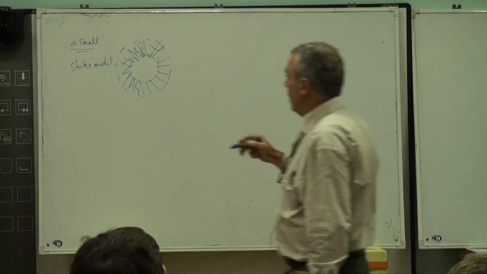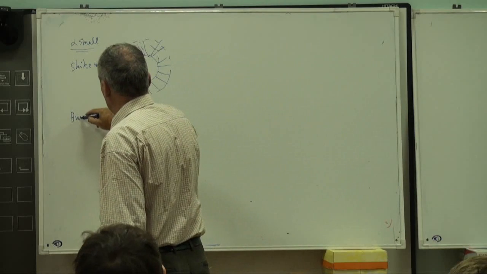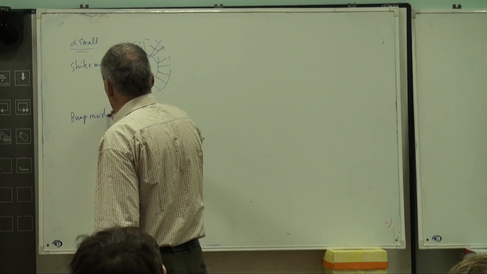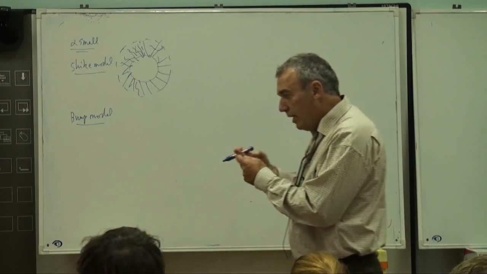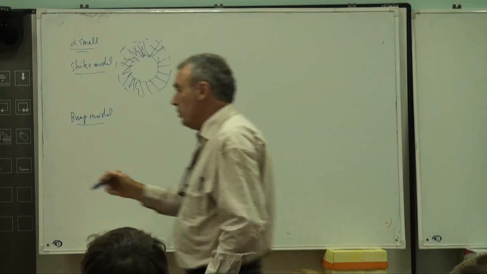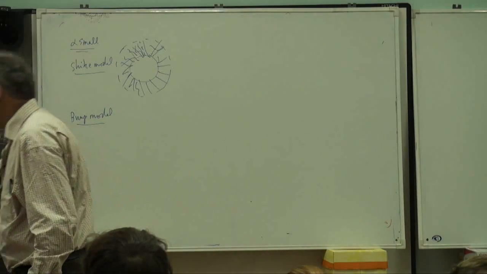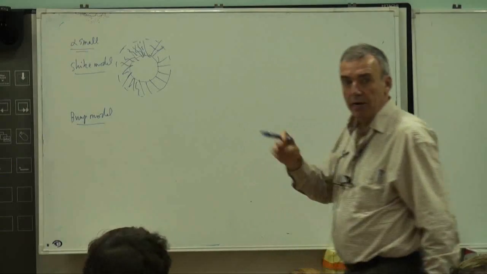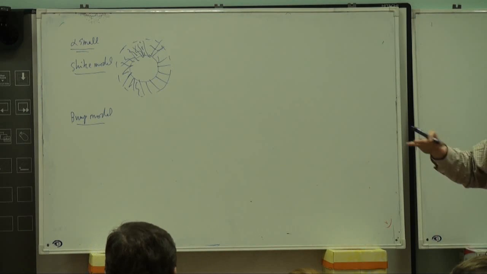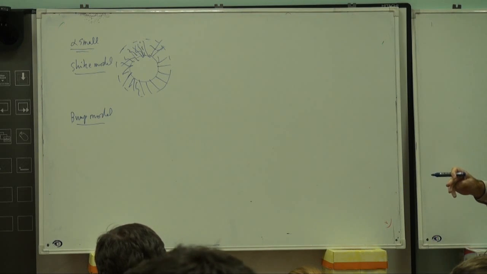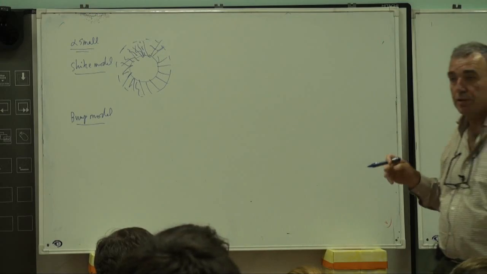But if you take the bump model, then things are much clearer, because the fact that you have things with area, they have a tendency to clear out, to make the fjords disappear.